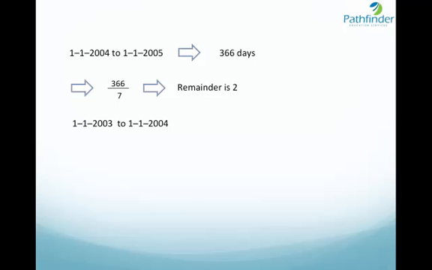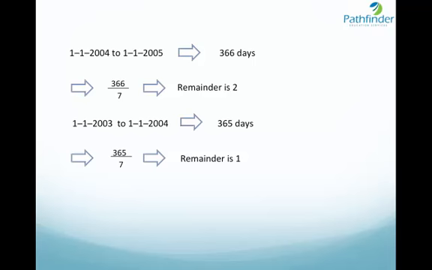Similarly, if 1/1/2003 is given and we are required to find the date 1/1/2004, again it is a normal year, so it has 365 days. So just divide 365 by 7 and we get the remainder as 1, which means that there is 1 odd day here.